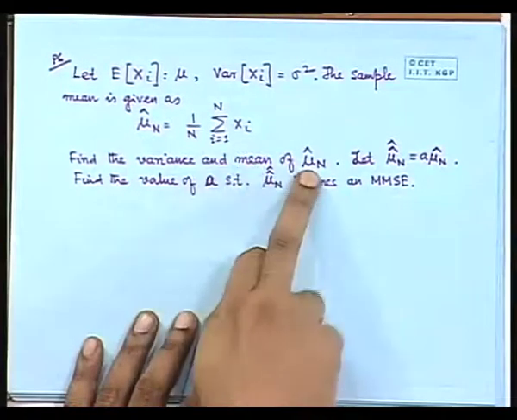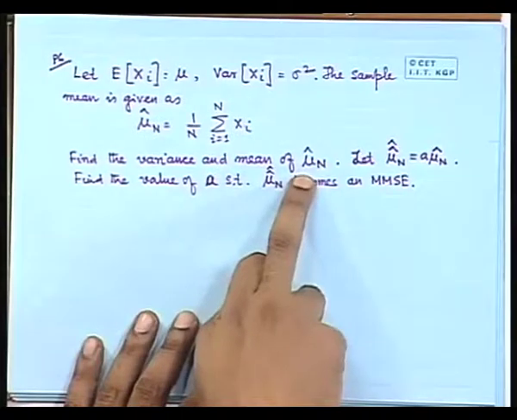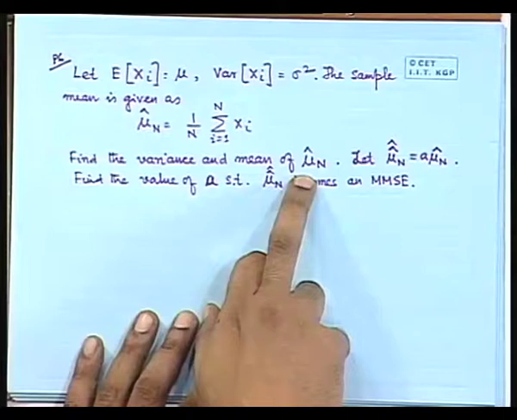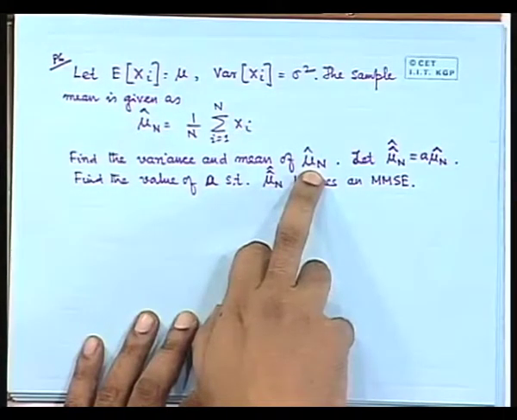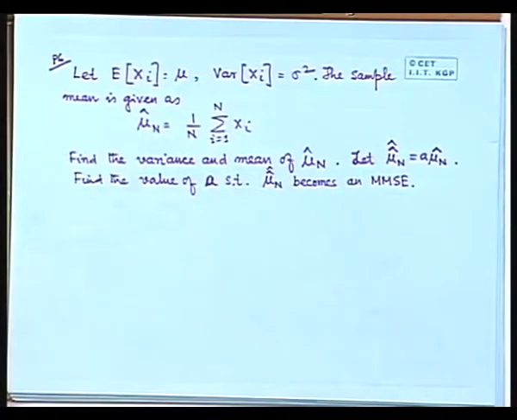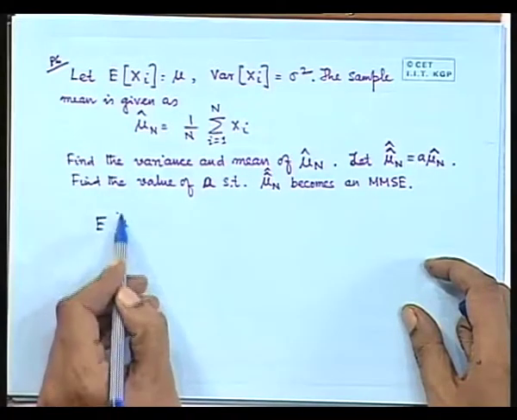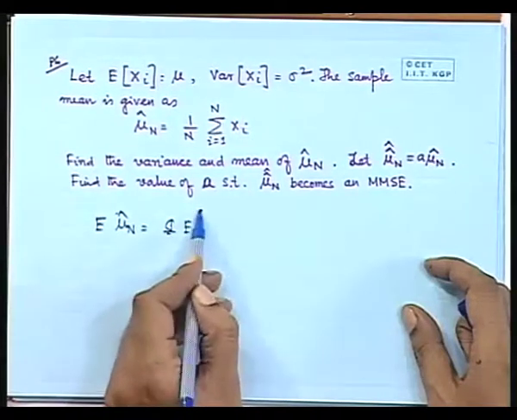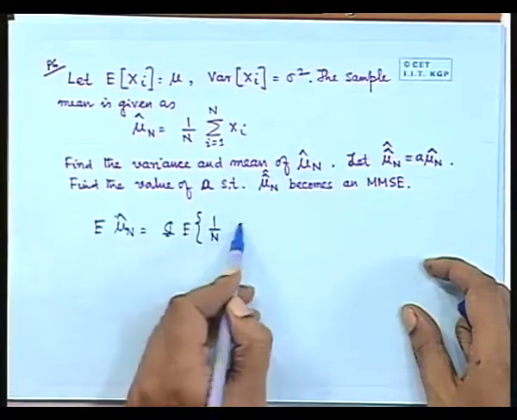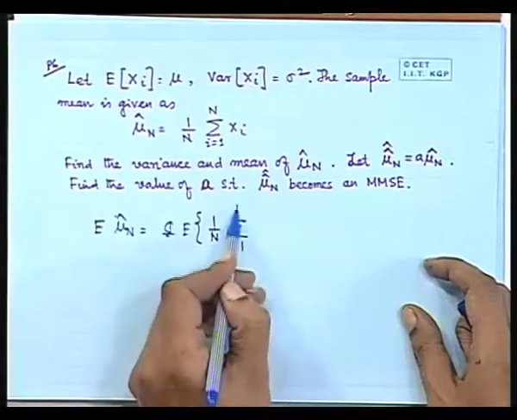So one way of finding that out is to find out the variance and the mean of this random variable. This is a derived random variable. So what is the mean and the variance of this random variable? That is very simple to find. For example, you can easily find out the expectation of mu hat n. It is nothing but the expectation of 1 by n, sum i equal to 1 to n of xi.